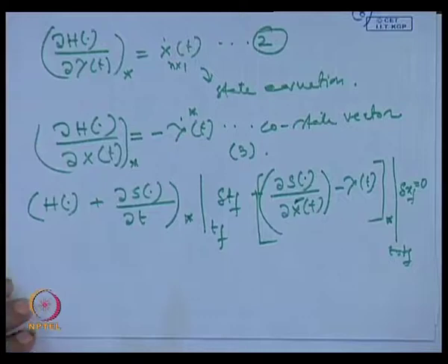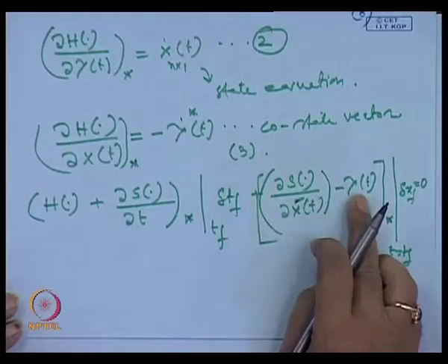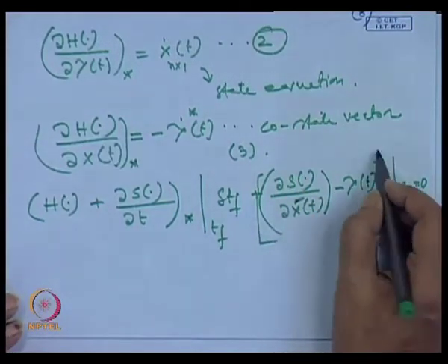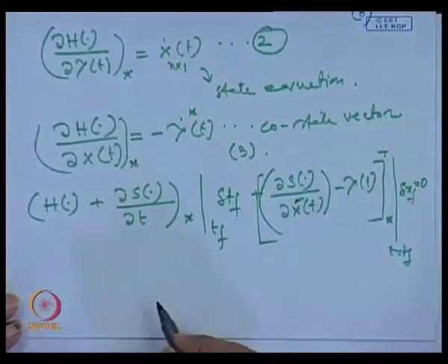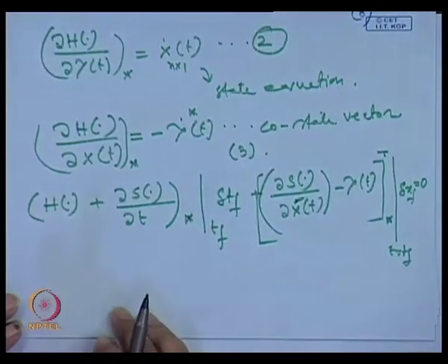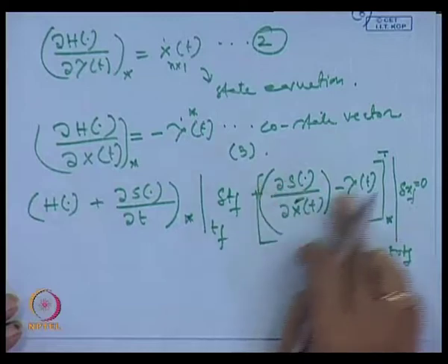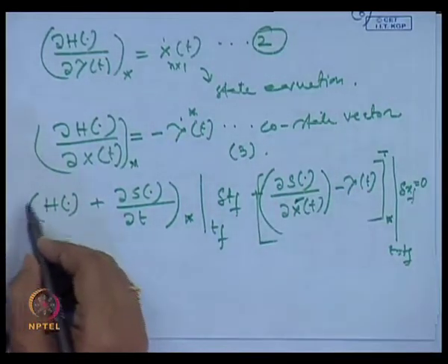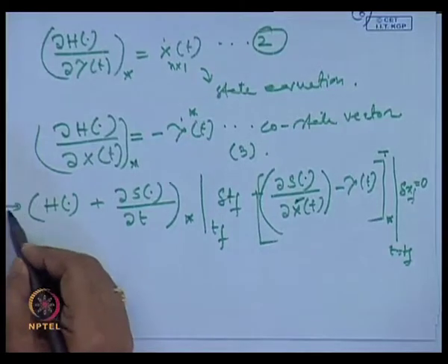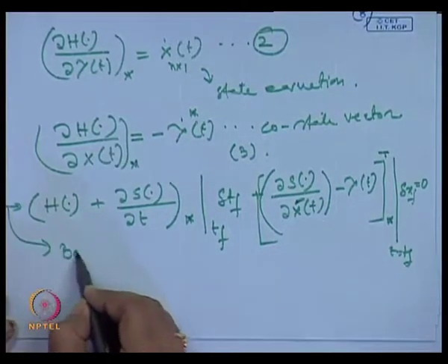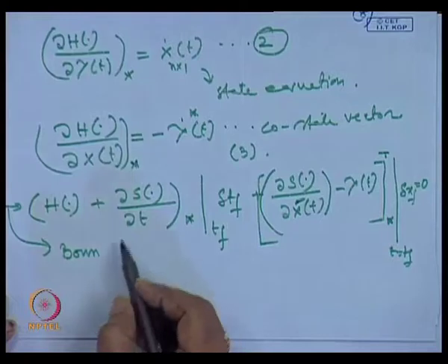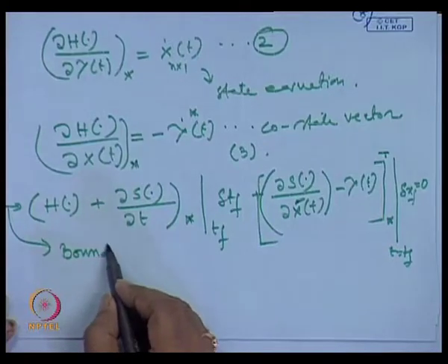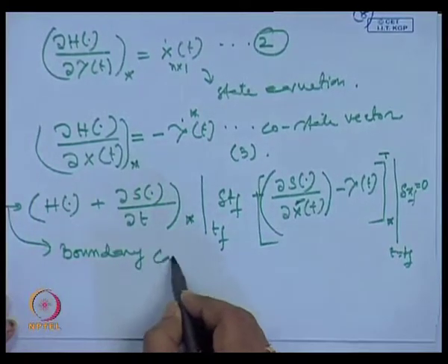This is a column vector, so do not forget to give the transpose. This is the boundary condition, in terms of the Hamiltonian function.